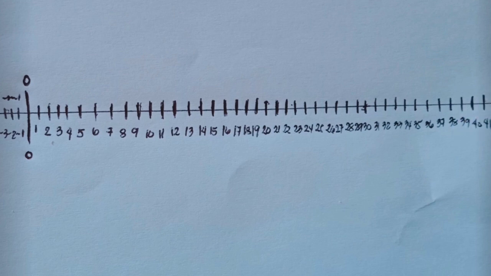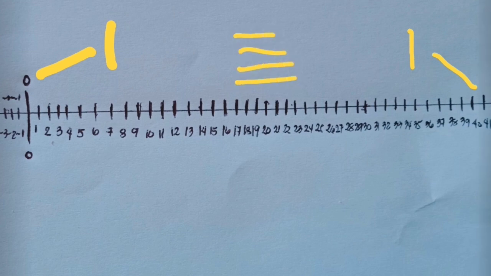So we find that the value of 0 is 1, while the value of 40 is also 1, which is why they are congruent. The statement in illustration 1 is a true statement.